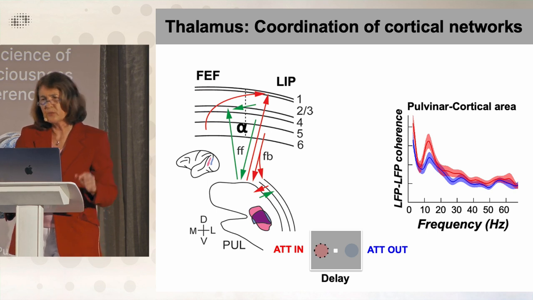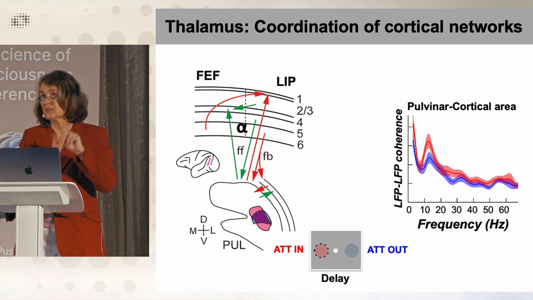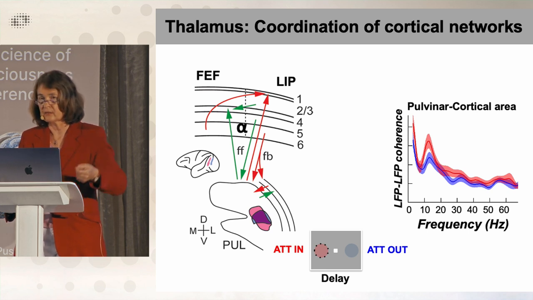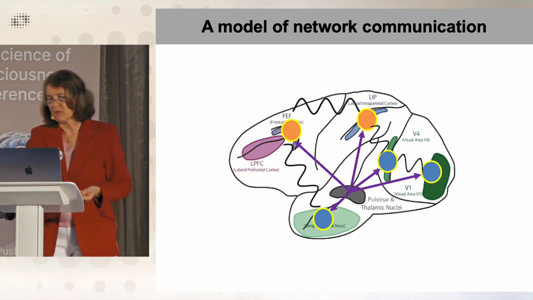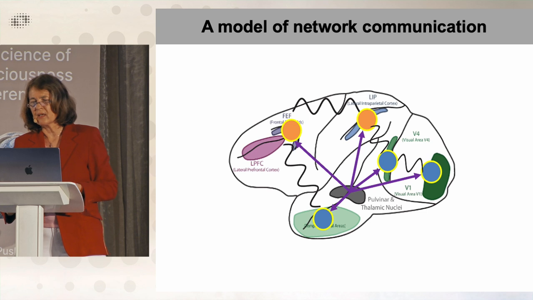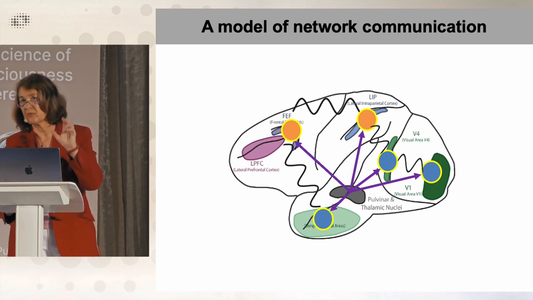The pulvinar is doing this synchronization not only for these two regions, but across the entire network that gets recruited, and this is why it's such an important hub. It's actually right now a target for interventions in schizophrenia patients because of this kind of hub function.